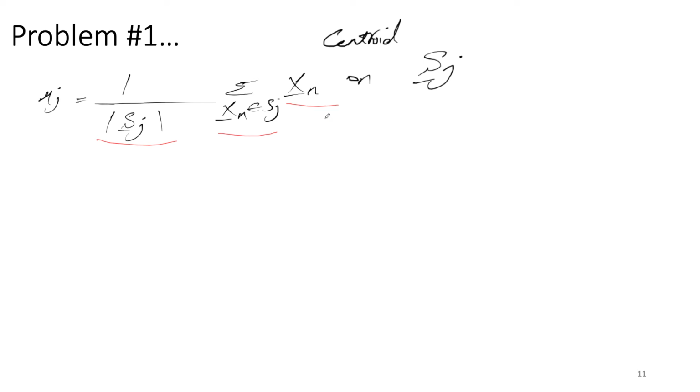As I mentioned, sometimes they call it the centroid. So it's going to be the centroid of Sj. So in order to find the optimal solution for that, you have to find the gradients of Ej of mu j, and we set them equal to 0 to find the solution for this equation, right?